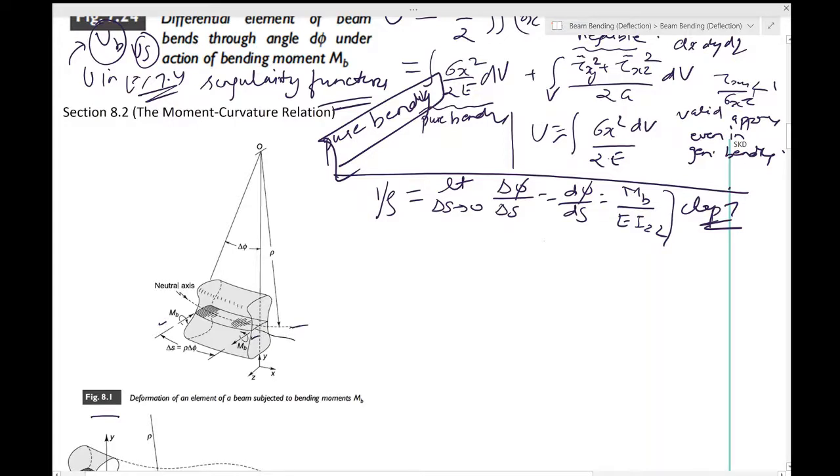Okay, and delta S is equal to rho times delta phi. This is because of its circular arc, or any arc for that matter. You have this, and as delta S tends to 0, delta phi will be like this. If you recall, there was this point O and O dash, and the case was made that if delta phi is too small, this O dash will overlap. So I think that all is already taken care of.